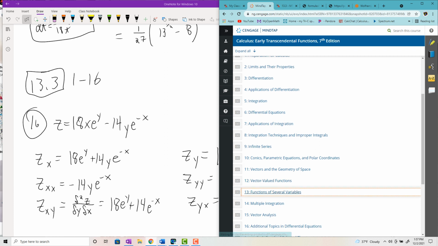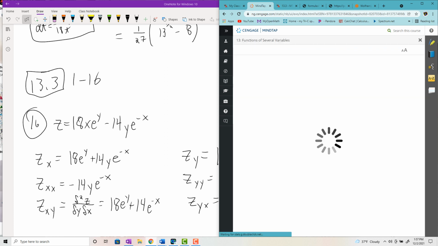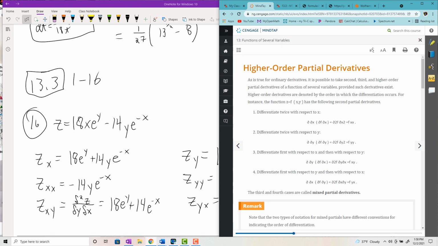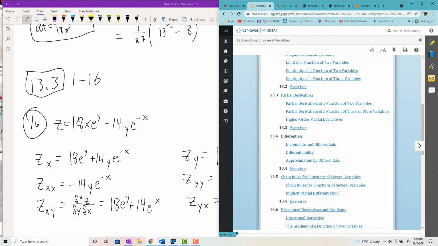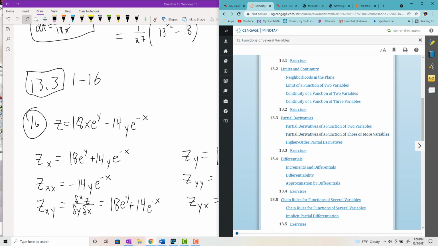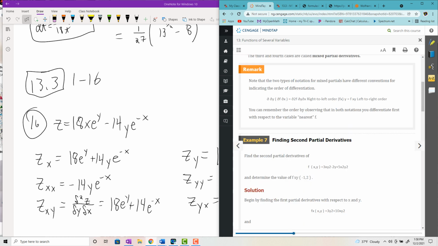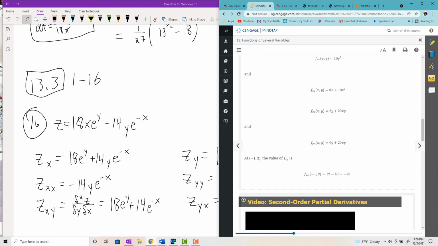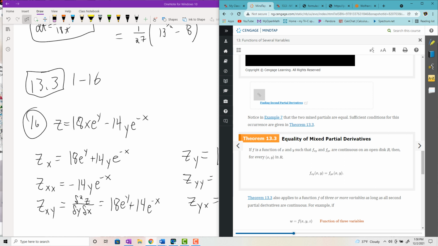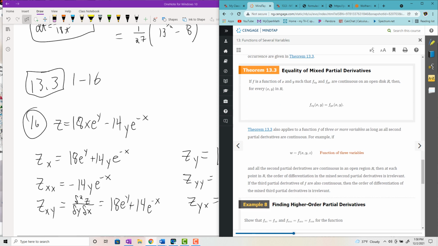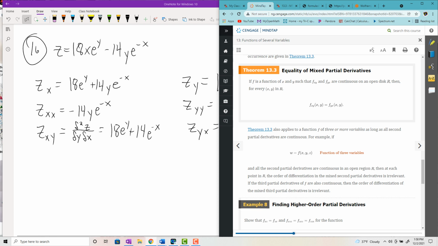So 13.3. The criteria, equality of mixed partials: so long as the mixed partials are continuous, then it works. If they're not continuous, you're not going to have that. But okay, let's move on to 13.5 then.